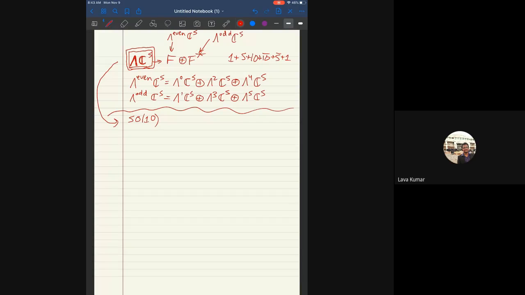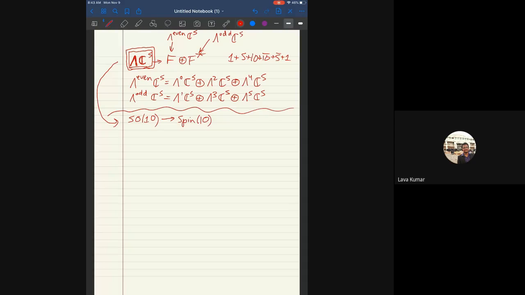It's a so-called projective representation of SO10. What it really is is a representation of the double cover of SO10 called spin 10. Okay, but that's in a sense just a subtlety, which maybe we shouldn't worry too much about right now.